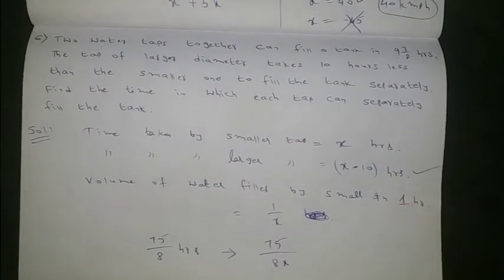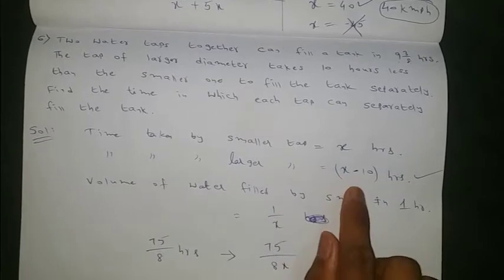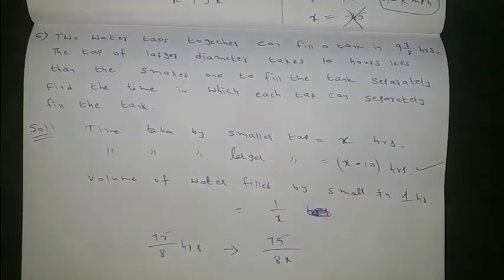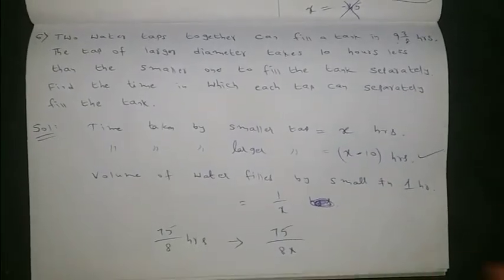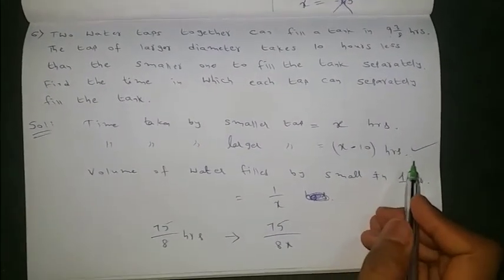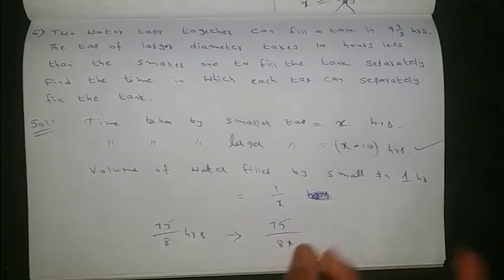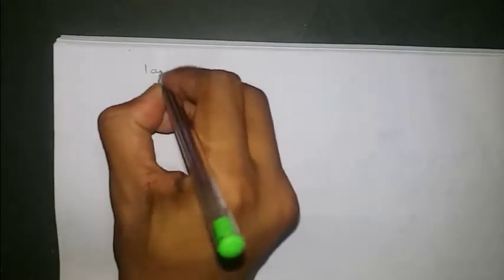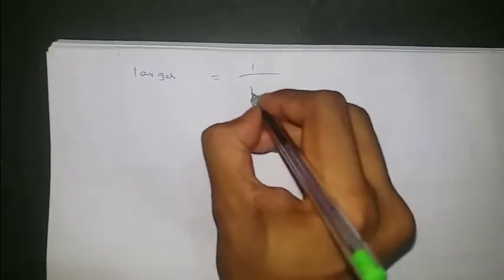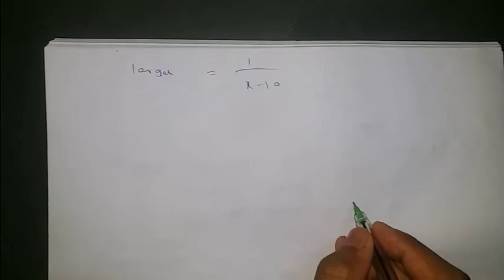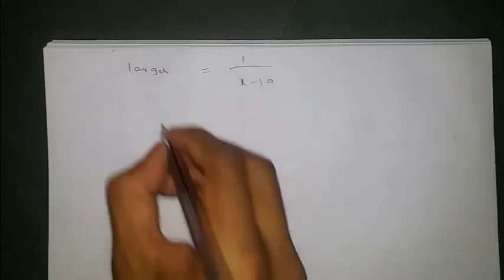Now we will go with the larger tap. In the larger tap, the total time taken is x minus 10. So how much will it fill in 1 hour then? 1 by x minus 10. Larger tap, how much volume will it fill in 1 hour? That is 1 by x minus 10. Then how much will it fill in 75 by 8 hours?